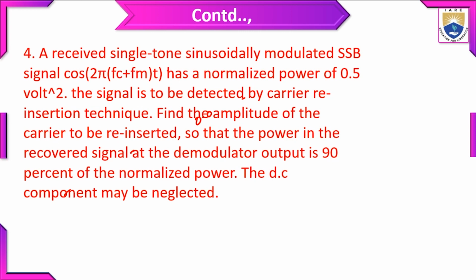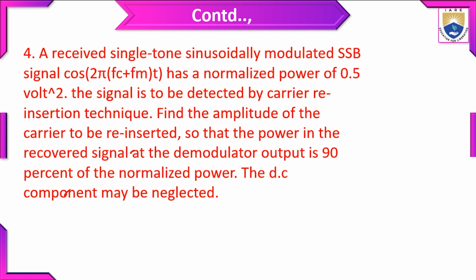A received single tone sinusoidal modulated SSB signal, cos of 2 pi (Fc plus Fm) of t, has a normalized power of 0.5 whole square. The signal is to be detected by the carrier reinsertion technique.